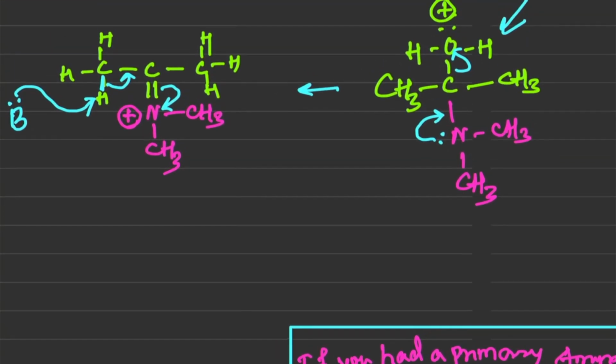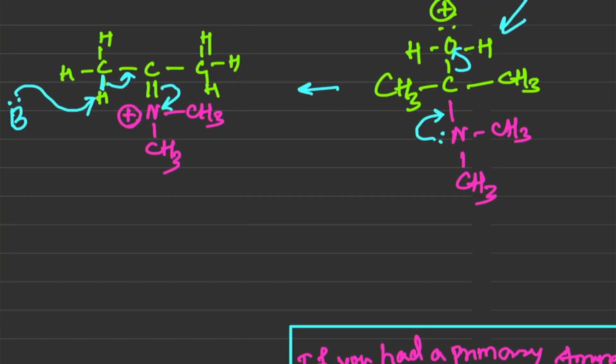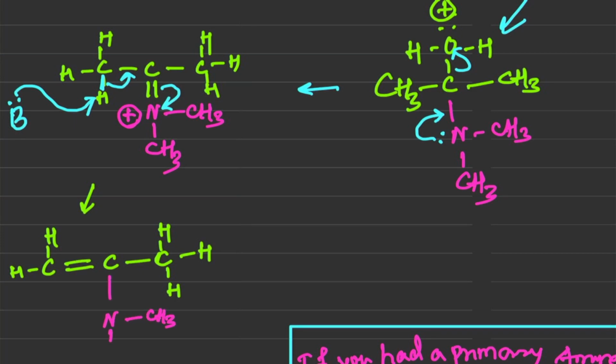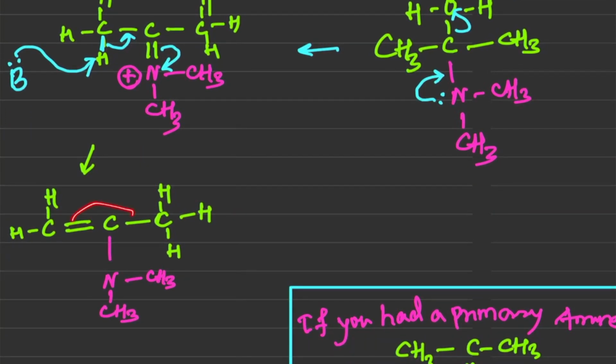So then what we would get is an enamine. It would look something like this: H, H, double bond C, C, H, H, H, and N, CH3, CH3. You notice this carbon atom has an octet, nitrogen has 3 bonds, and it's neutral.